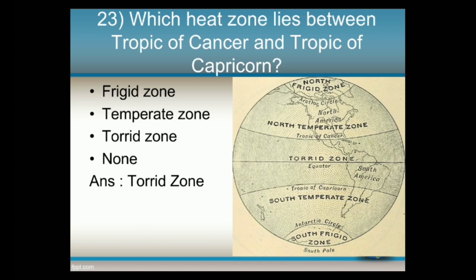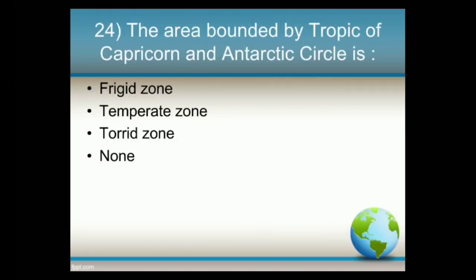Here the sun's rays does not rise much above the horizon and rays are always slanting. Mostly this area remains frozen. At present, due to global warming, the frozen ice caps of these regions are melting rapidly.